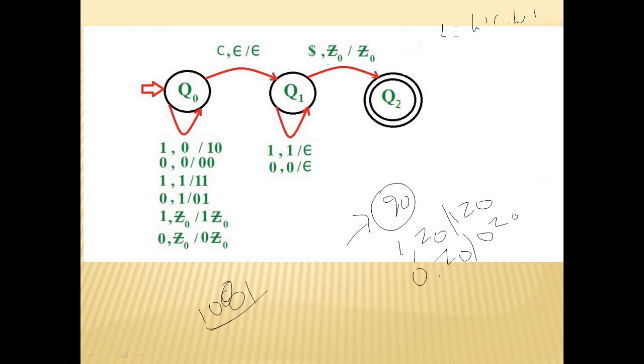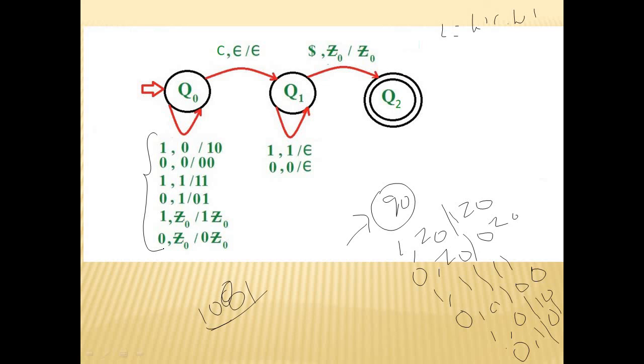Then we need to mention our possibilities. If the input is 1 and the stack element is 1, then 1 1 will come. If it is 0 and the stack element is 0, 0 0 will come. If it is 1 and the stack is 0, then 1 0. If it is 0 and the stack element is 1, then 0 1. These are all the possibilities we can get.